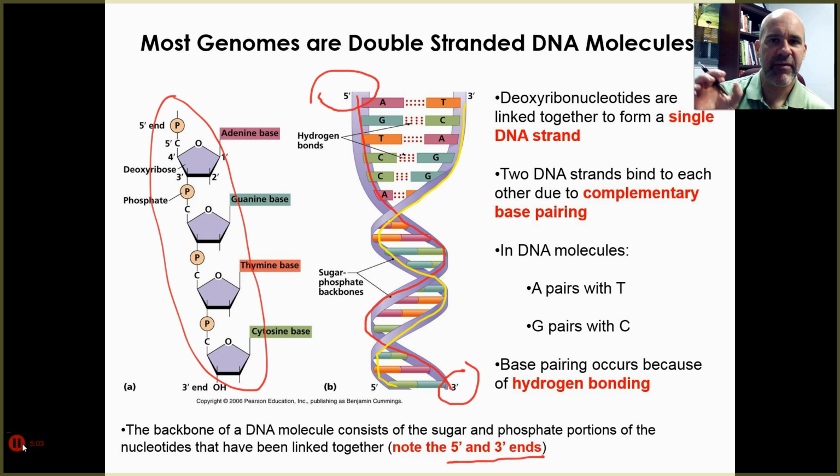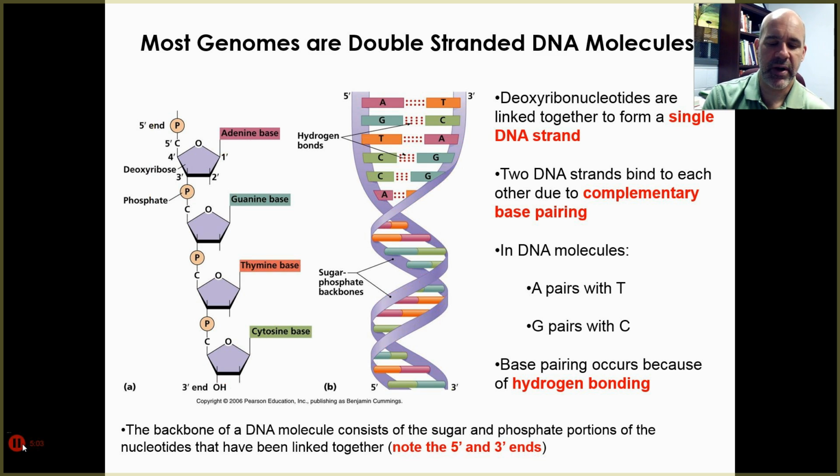Those are called the 5 prime and 3 prime ends of the molecules, and that apostrophe is pronounced prime. What the 5 prime and 3 prime are referring to are the carbons in the sugars.